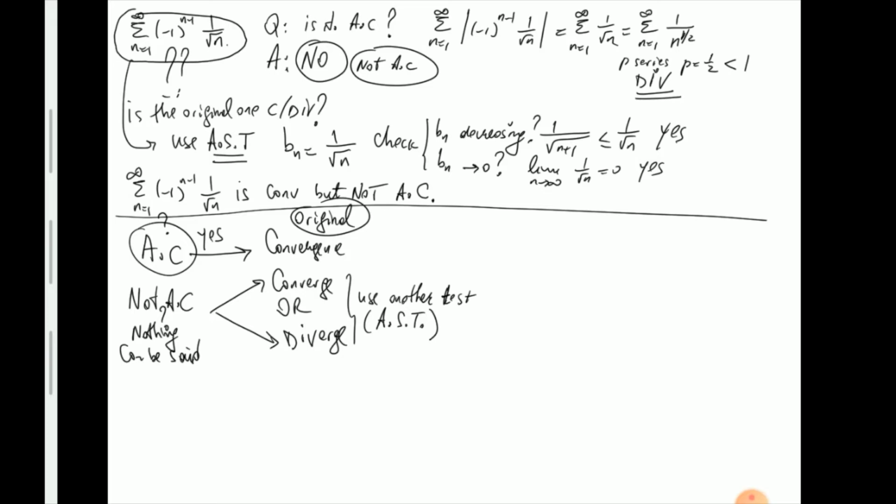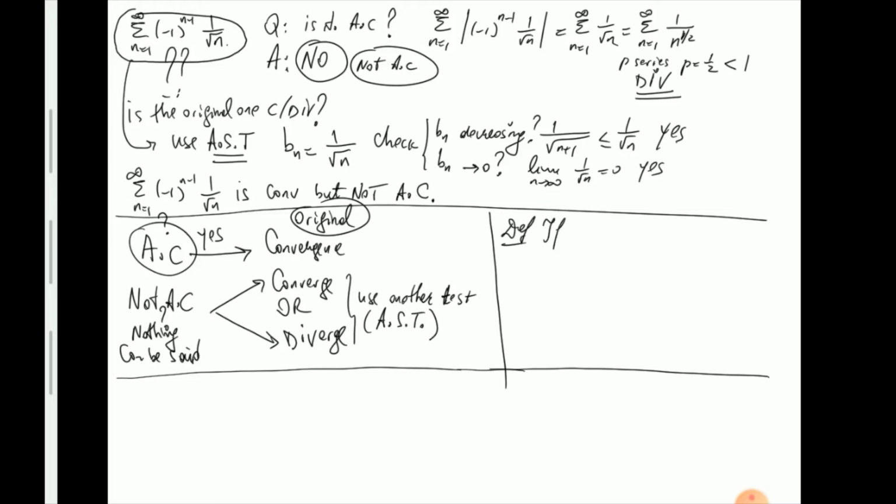So once we establish this distinction between absolute convergence and, oh, there is another definition, and then we can move on to the more powerful ratio and root test. So let's write it here as a definition.